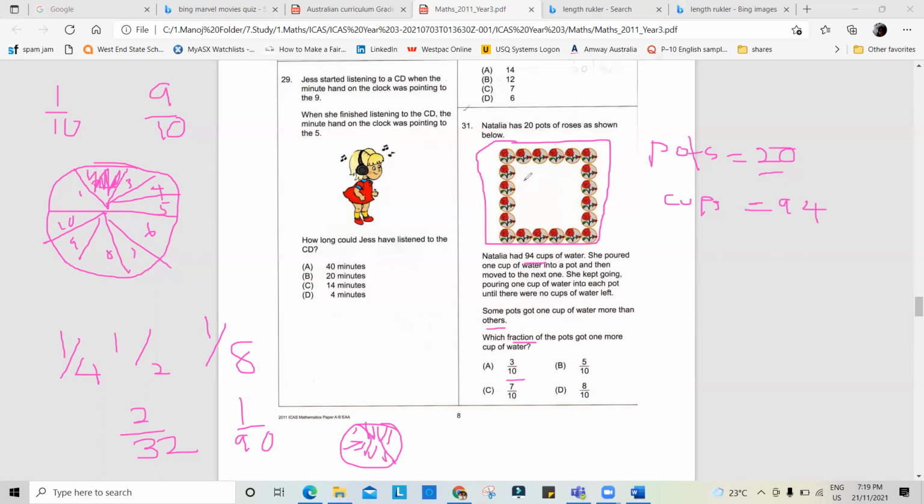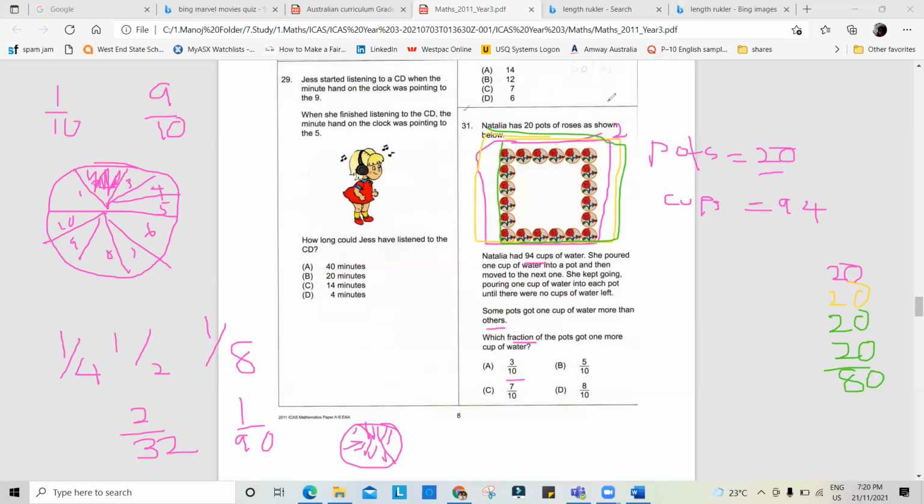There are 20 pots. 20. Yes, that's right. First round 20. Then you go another round, the second round. How many cups are gone now? Another 20. Then you go another round, the third round. How many cups? 20. Then another round, 20. So far how many? 80, right? 80 finished. Now the next round.